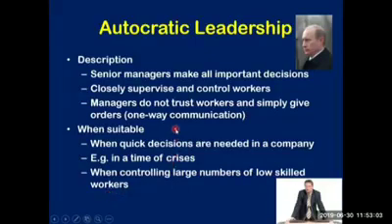So autocratic leadership is when the senior managers have to make all of the important decisions. They are in charge of all of the decisions. They have to control and supervise the workers more closely. In this case, the managers are not considering the workers. They lack trust in the workers, and they only give orders to the workers.